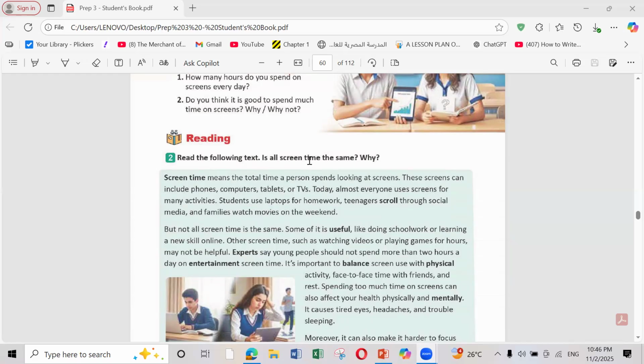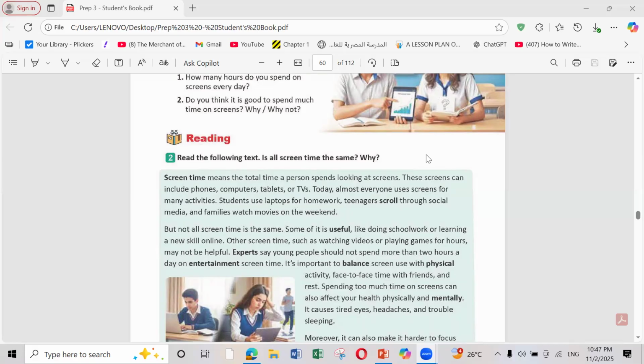Is all screen time the same? Why? What does this question mean? It means, is it good to spend time on screens or is it bad? What are the advantages and disadvantages? And why? You have to ask yourself why we should spend time on screens.